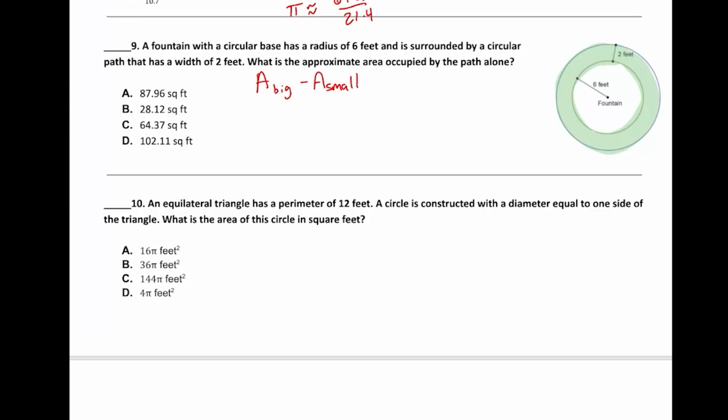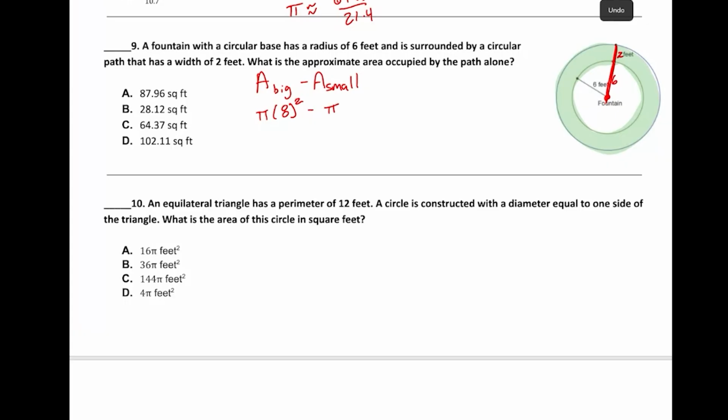The area of the bigger shape, that big circle, will be pi r squared where the radius is 8. By the way, I'm getting 8 because the radius of this big circle is the 6, which is the radius of the smaller circle, plus this extra 2 feet. So that's where I'm getting that 8 from.